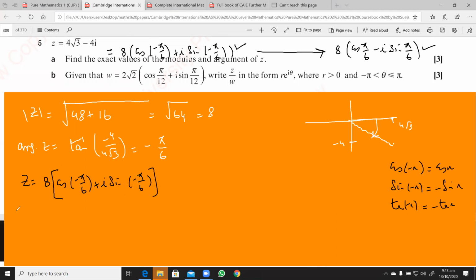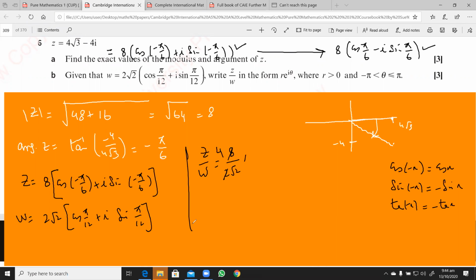And your w is 2 under root 2 cos pi by 12 plus iota sine pi by 12. Can you tell me mentally what will be the modulus of z over w? Yeah? That is 8 over 2 under root 2. And then you can rationalize it, by multiplying this by under root 2 over under root 2.